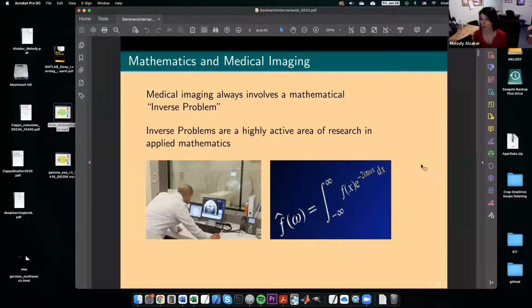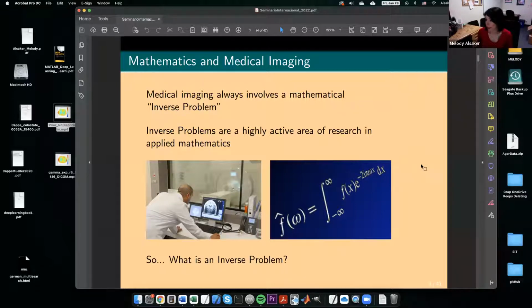Before we start talking about electrical impedance tomography in particular, I would like to talk a little bit about the background of what an inverse problem is, because it helps understand some of the challenges in electrical impedance tomography and medical imaging in general. Inverse problems show up in all sorts of real world problems, not just medical imaging. So they are a very highly active area of research in applied mathematics right now.